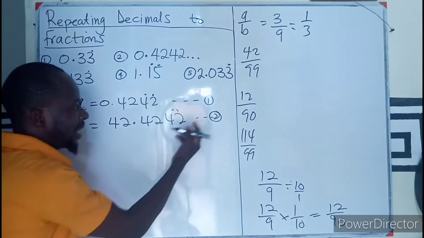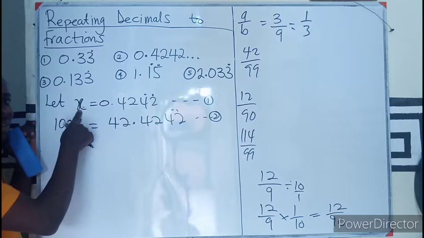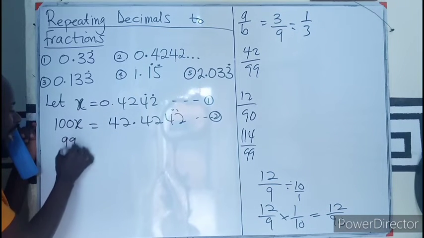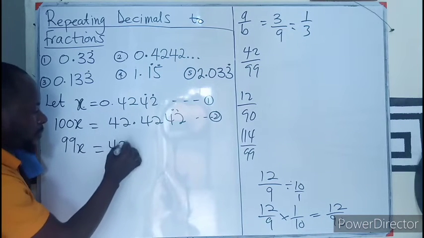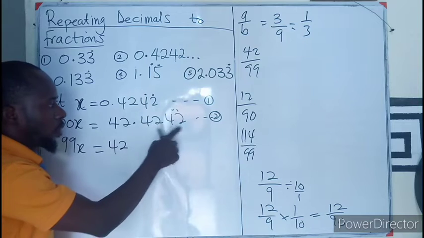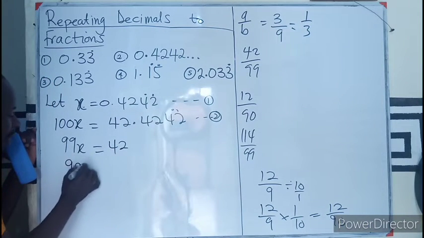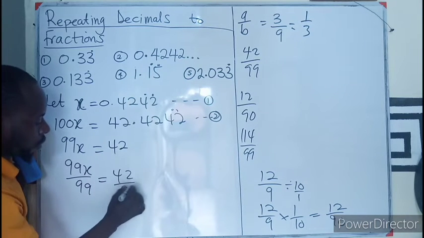So we go ahead and subtract equation 1 from equation 2. 100x minus 1x gives you 99x equals 42 minus 0, 42. 4242 minus 4242 is 0. So we have 99x equals 42.